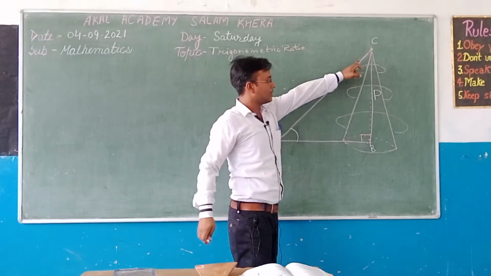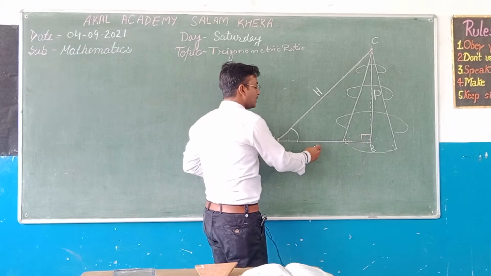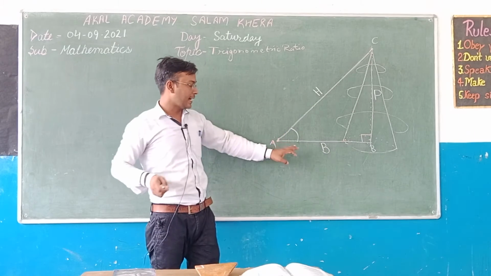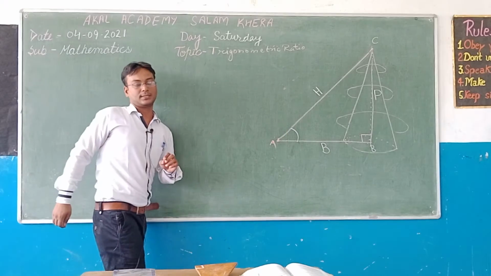So this is the perpendicular, and the other side is the base. So three sides are here: hypotenuse, perpendicular and base.